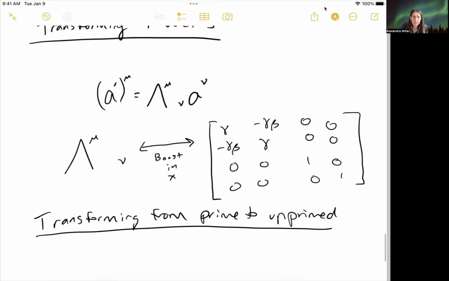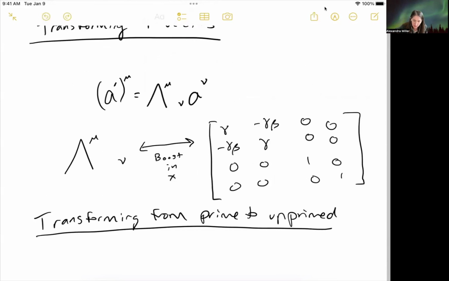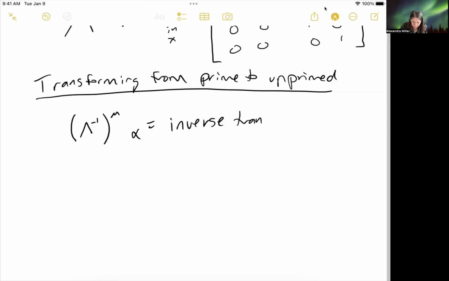Basically, I want to do the same equation that I just wrote here, except I'm assuming now I'm given A' and I want to find A. Well, we just use the inverse transformation matrix. So lambda inverse, we find the inverse of that matrix, which again still is going to have these two indices, and this is going to give us an inverse transformation.